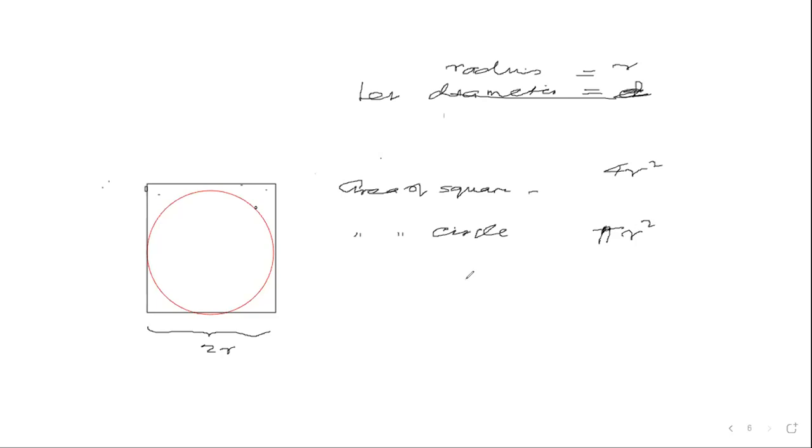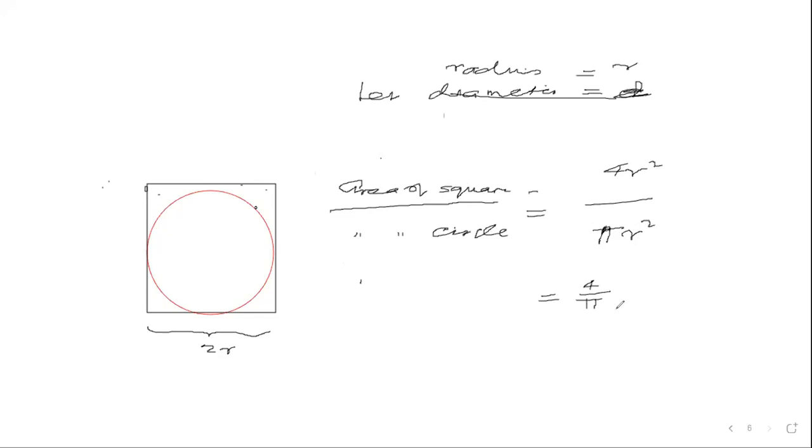Okay. So if you want to find out how much larger the square is than the circle, why don't we just work out the ratio of the areas. The area of the square over the area of the circle is equal to 4 over pi.